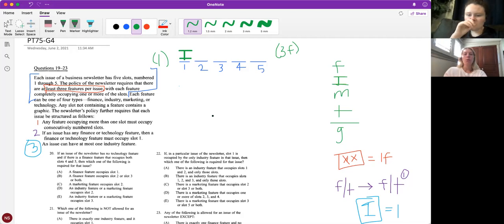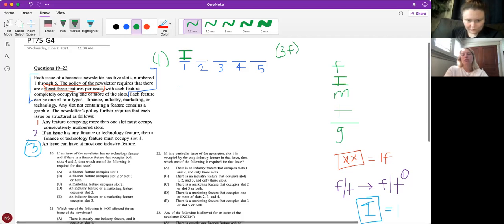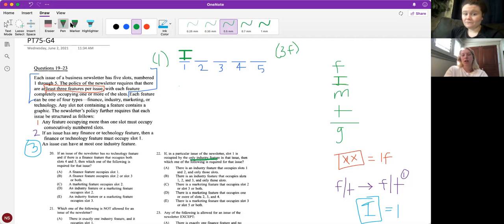Yes. So what this told me is that slot 1 is occupied by the only industry feature. My only confusion with the wording was, if it says the only industry feature, does that mean there could be an I in slot 2? I think there could be, because it could be the same feature. Okay, and that got me a little confused. So we don't know though.